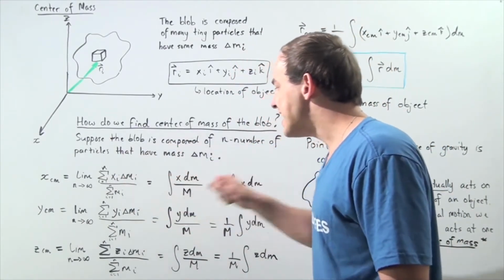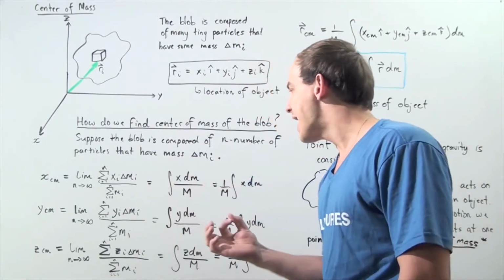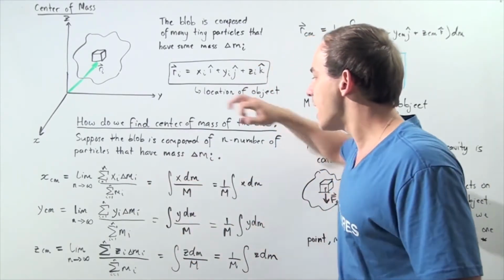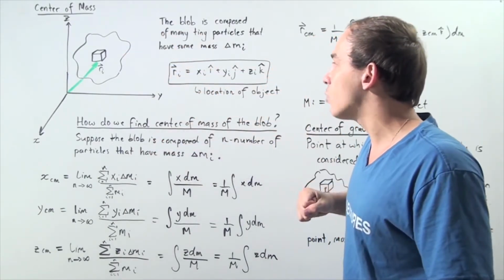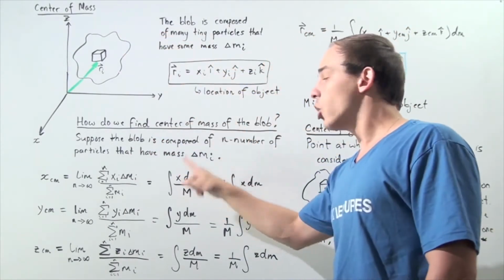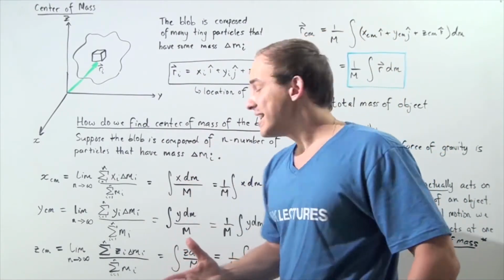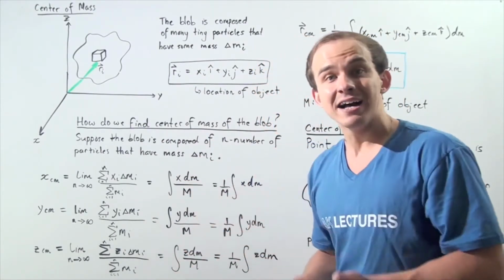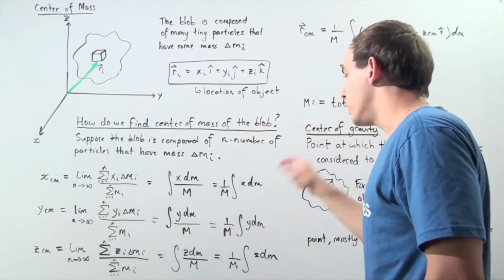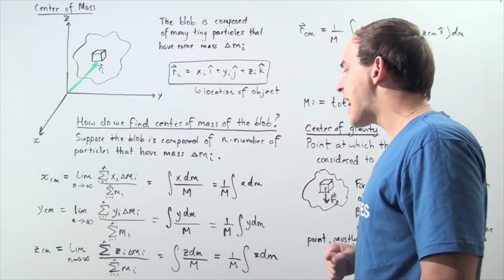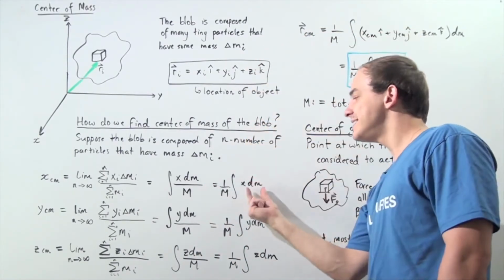So we take the integral of the infinitely small change in mass multiplied by the location x, the location of our object along one dimension, and divided by the total mass M. Now notice M is a constant, so we can take M out and we get the following notation: 1 over capital M of the integral of x dm.